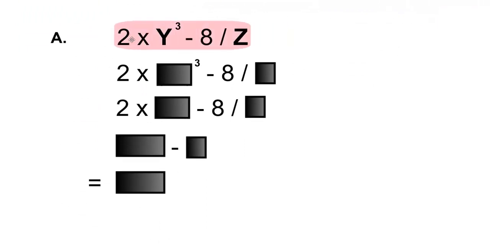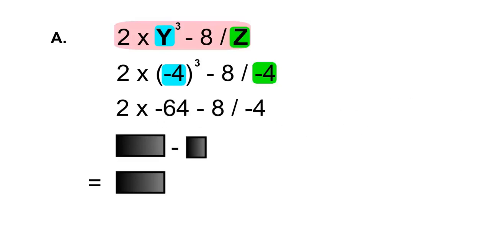Take the expression and replace y with negative 4 and z with negative 4. In brackets, negative 4 to the power of 3 is negative 64. 2 times negative 64 is negative 128.